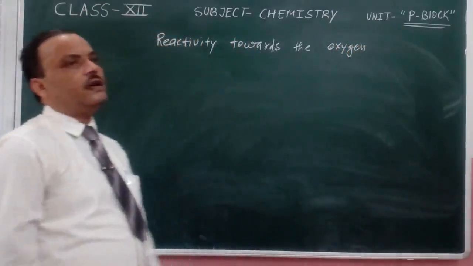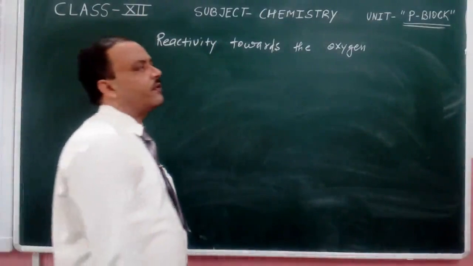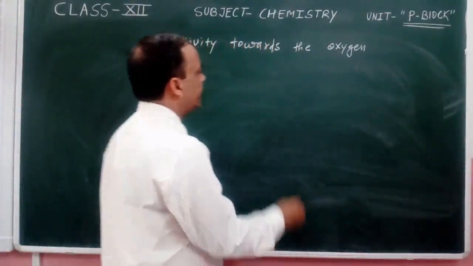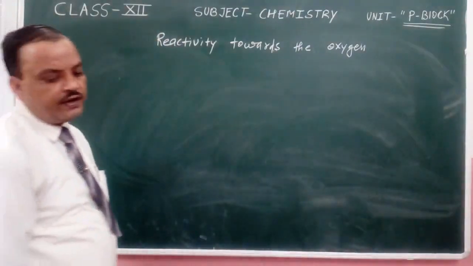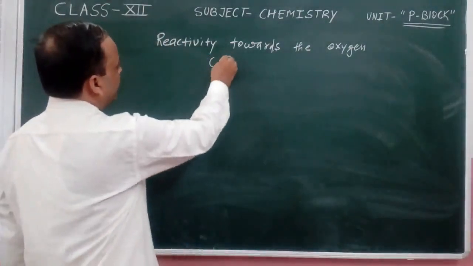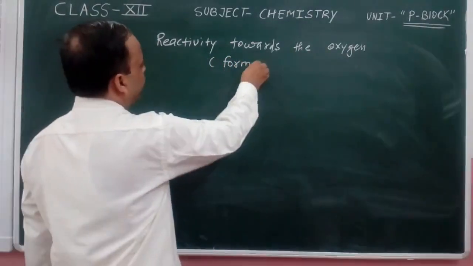It means what kind of products we get when the elements of group 16 react with oxygen. That is the formation of oxides.